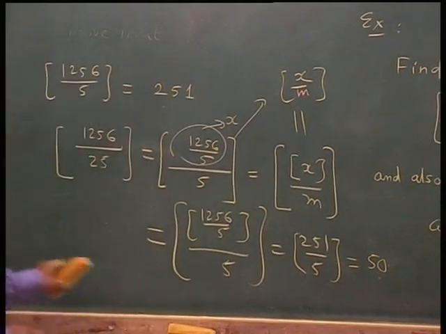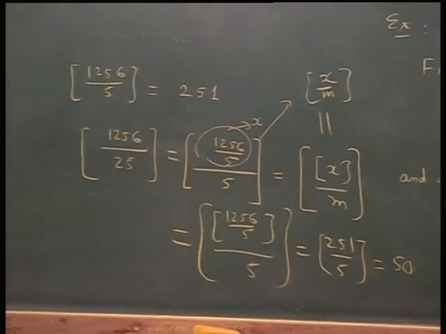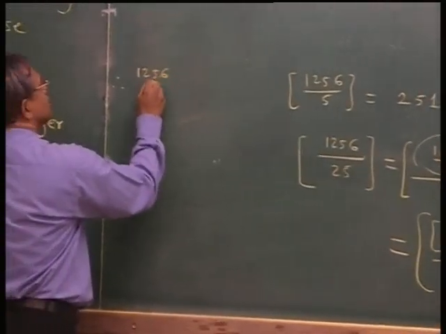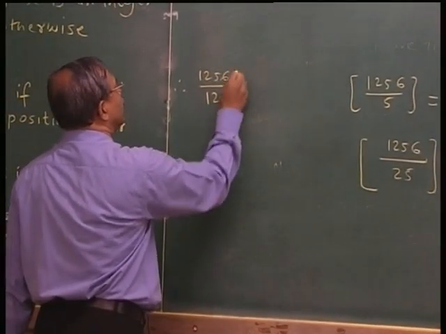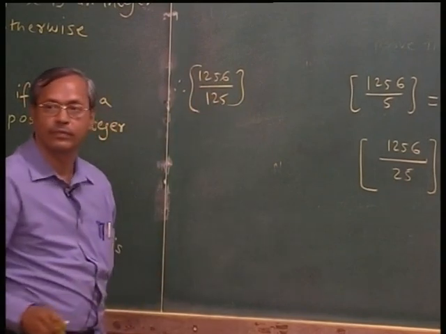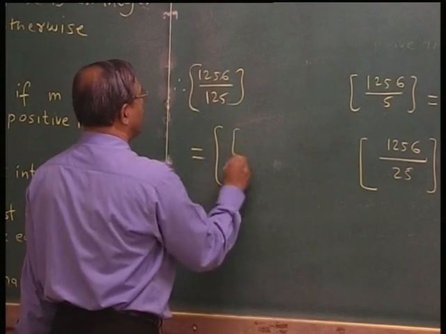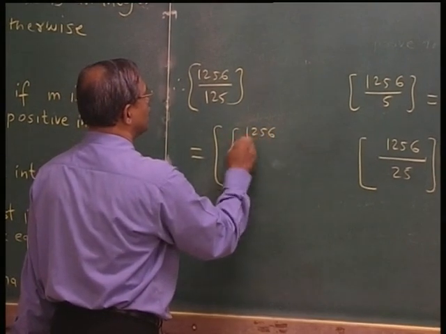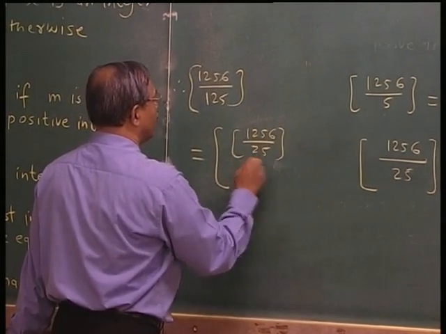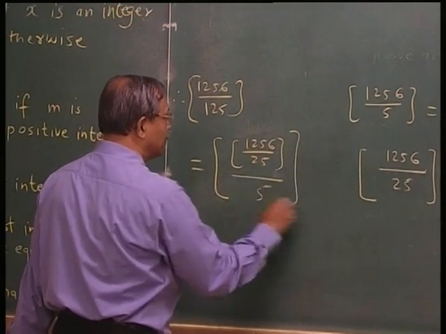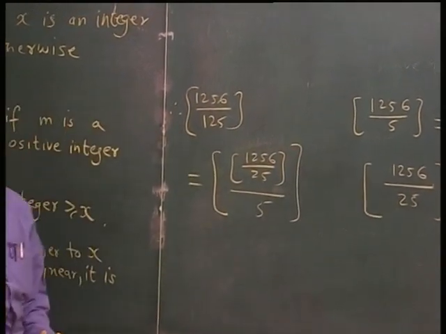This we have calculated. Now from this we can calculate the integral part of 1256 by 125, because this is the integral part of 1256 divided by 25 divided by 5.